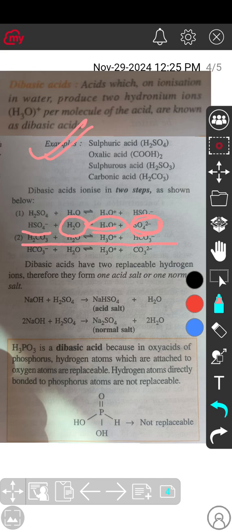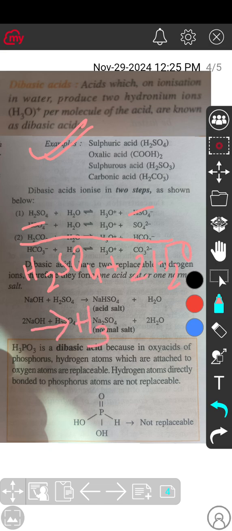From here we can cancel HSO4 minus. So overall, H2SO4 plus 2H2O gives 2H3O plus and SO4 2 minus.